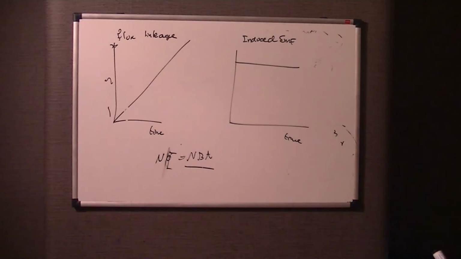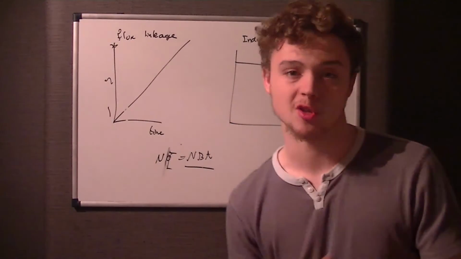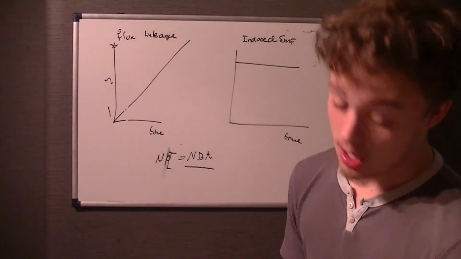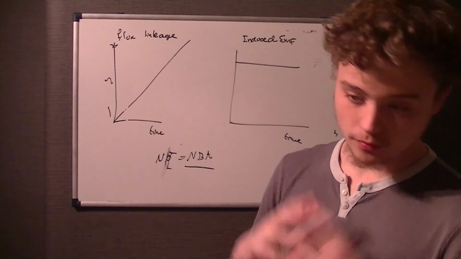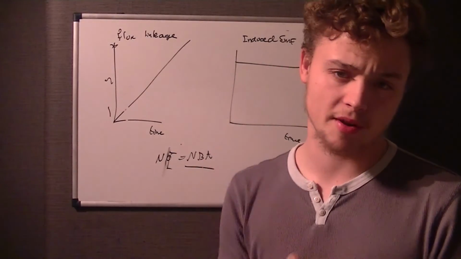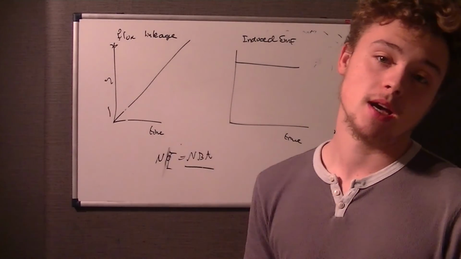Right, so hopefully that made some kind of sense to you. Now, that's pretty much it for part 1. It's just recapping, using that equation, understanding what induced EMF is, Lenz's law, Faraday's law, which combine to give the equation.